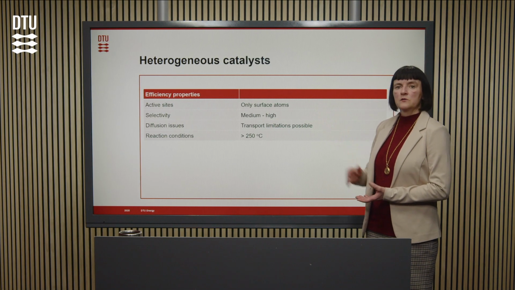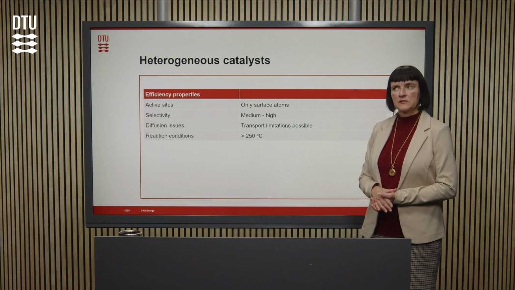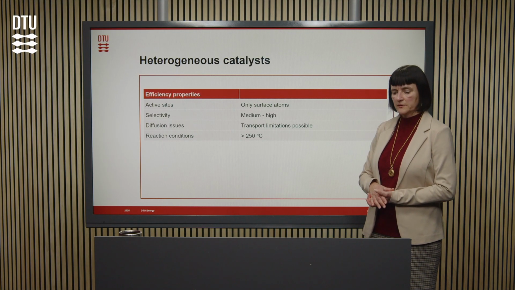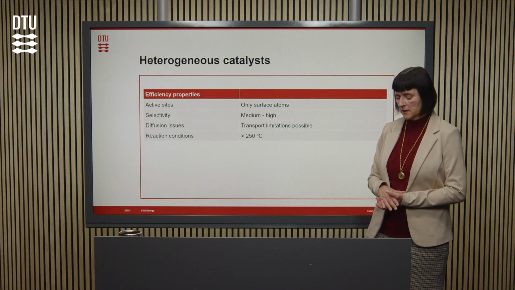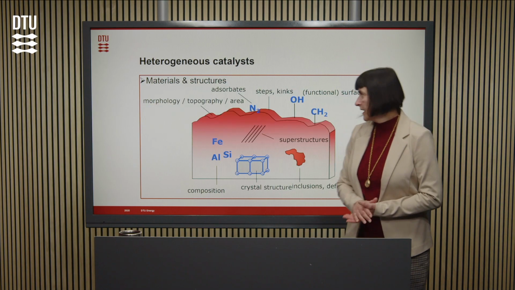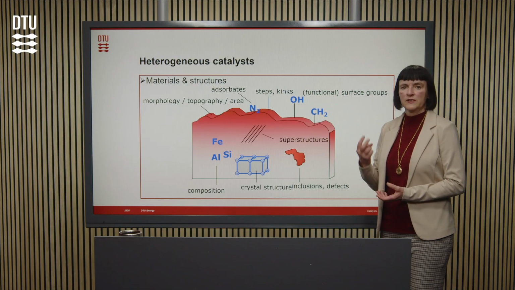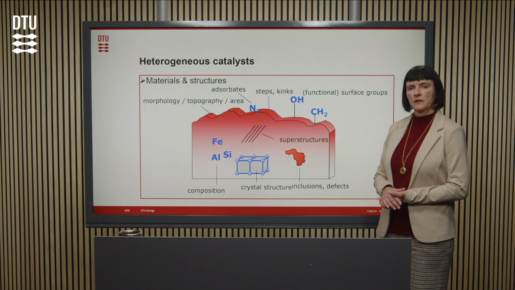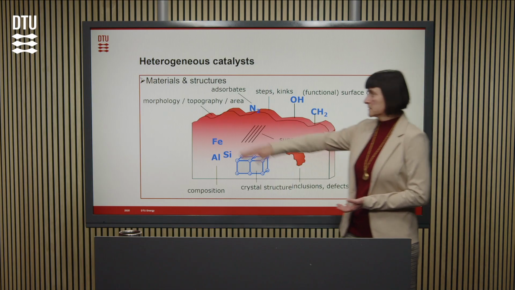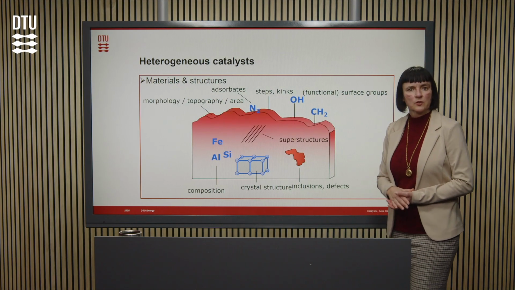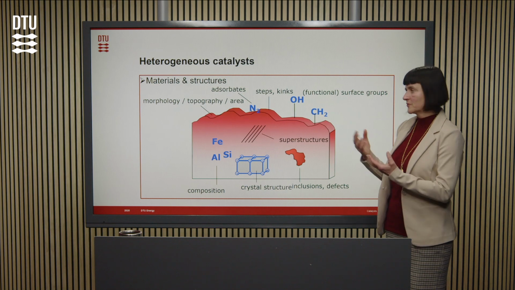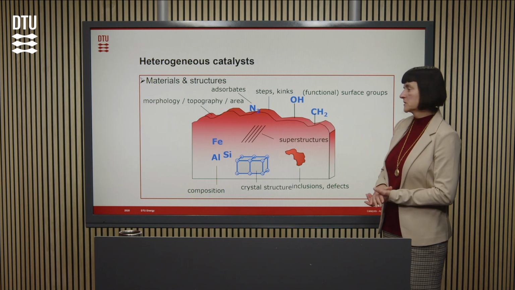If you need surface atoms and specific interactions or interaction strength between the reactant and the surface, how do you design your catalyst? You have more or less two parameters you can tailor. One is the materials choice, and second is the structure. Materials choice is something about chemistry, and the structure is, of course, how the surface looks like.